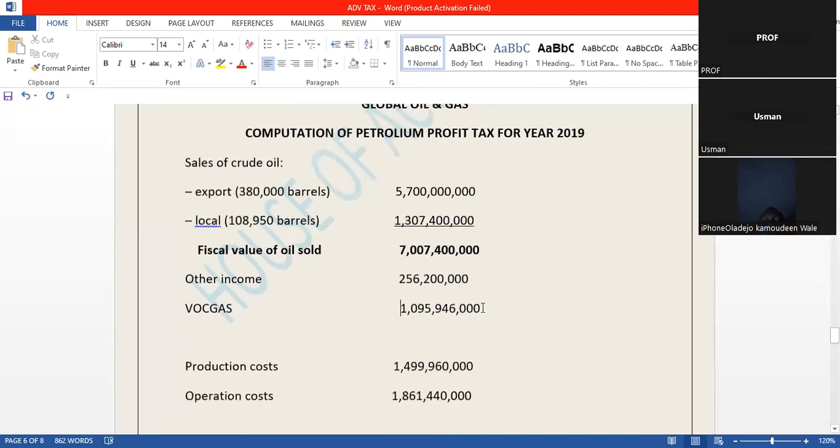That will be the total revenue this company made. So 7.00 plus 256 plus 1095. From my end here, the total income they make.